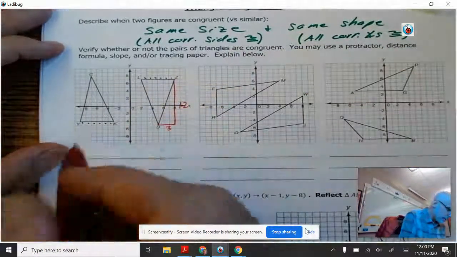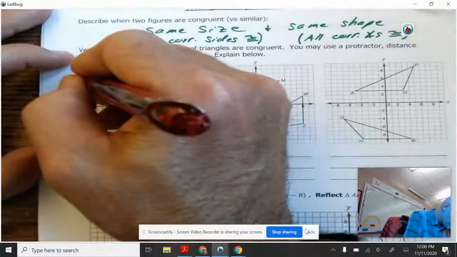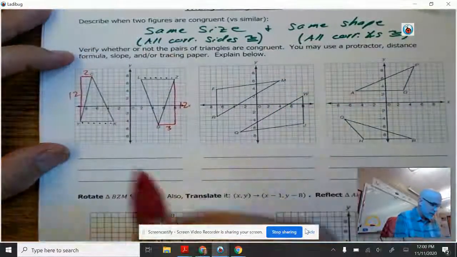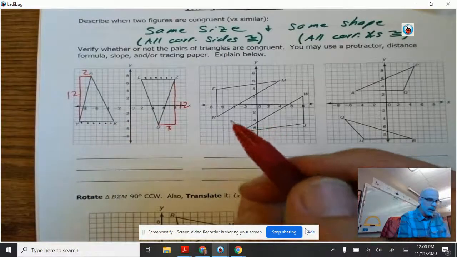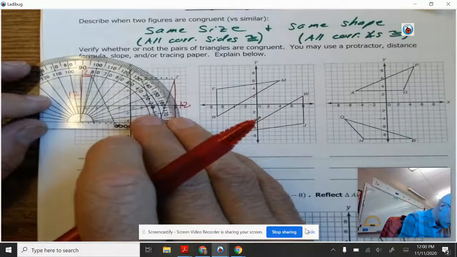And if I was going to match that up over here, this one is 2 by 12. So we know by the Pythagorean theorem that those two sides are actually going to be slightly different in length. The other thing we could check on this one is to verify some angle measures.